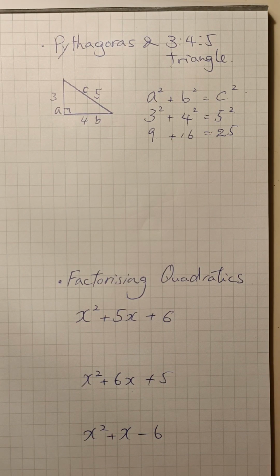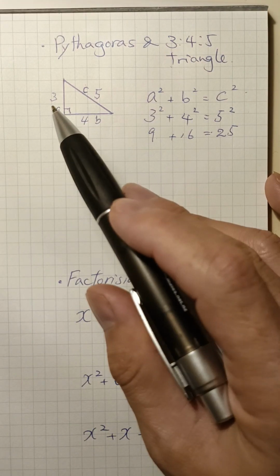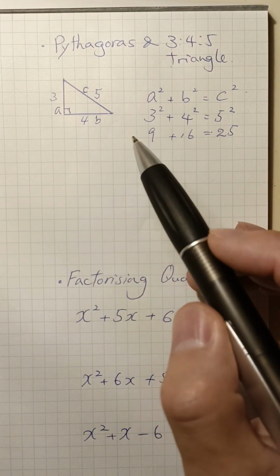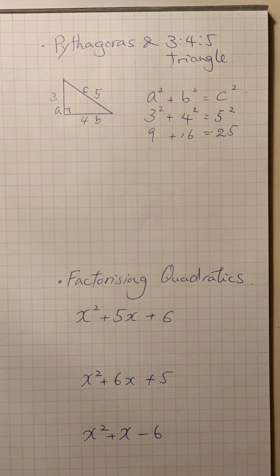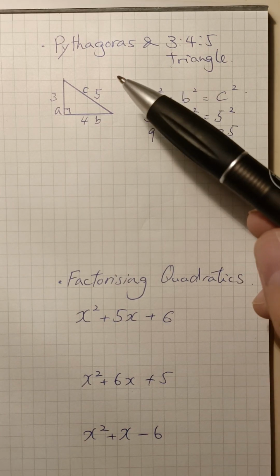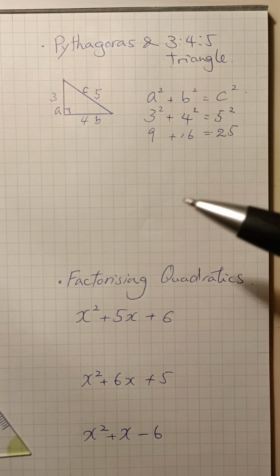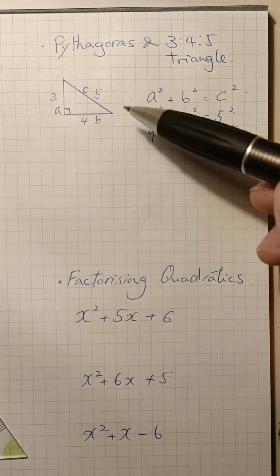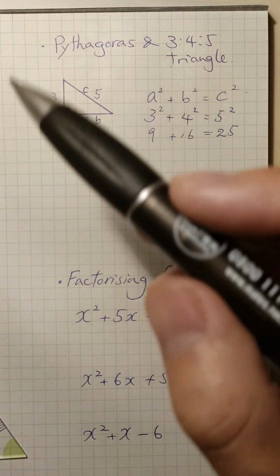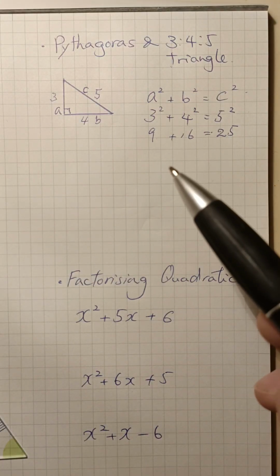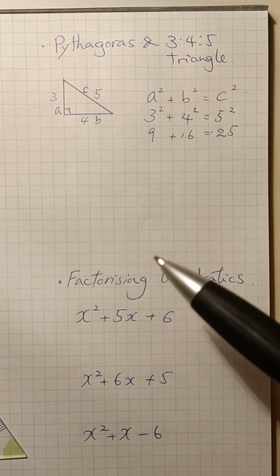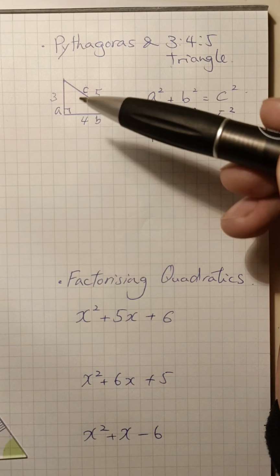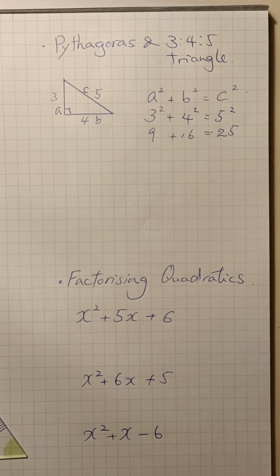Pythagoras. But today I'm talking about the 3, 4, 5 triangle. This is really useful. If the ratio of the lengths is 3 to 4 to 5, the triangle is always a right angle triangle.